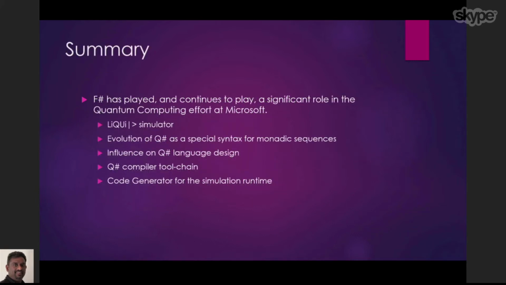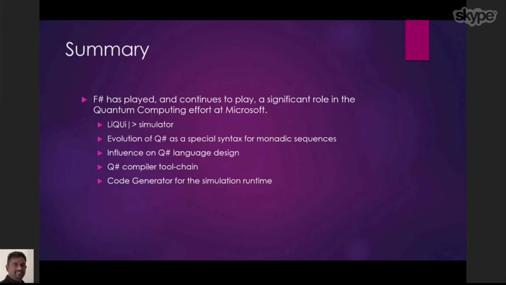So in summary, look, F sharp has been instrumental in getting us to where we are, both in terms of the evolution of quantum computing as a growth pattern in Microsoft. We have a quantum computing effort that started off with the simulator, and through a host of very interesting, very functional steps, landed up giving us a new language, which we then implemented using F#.